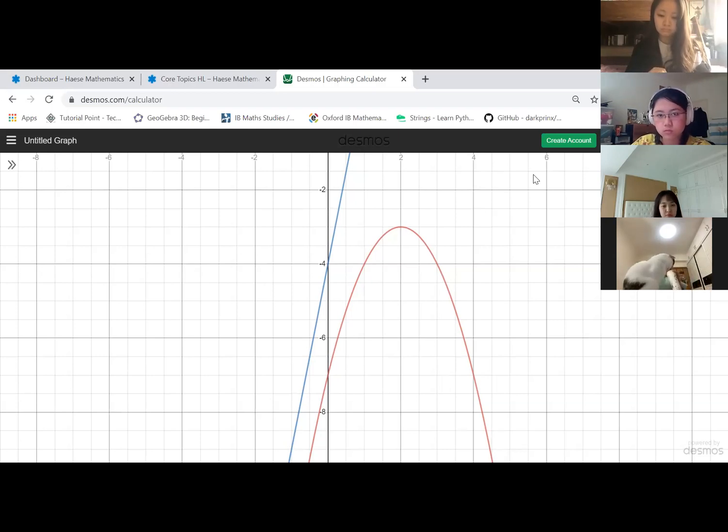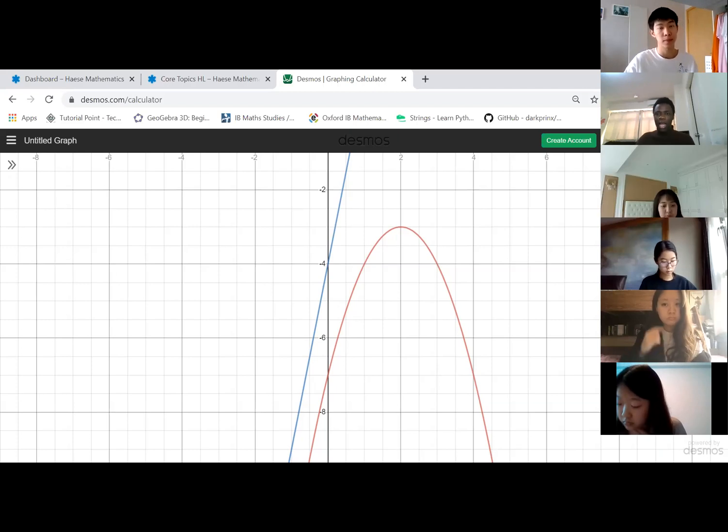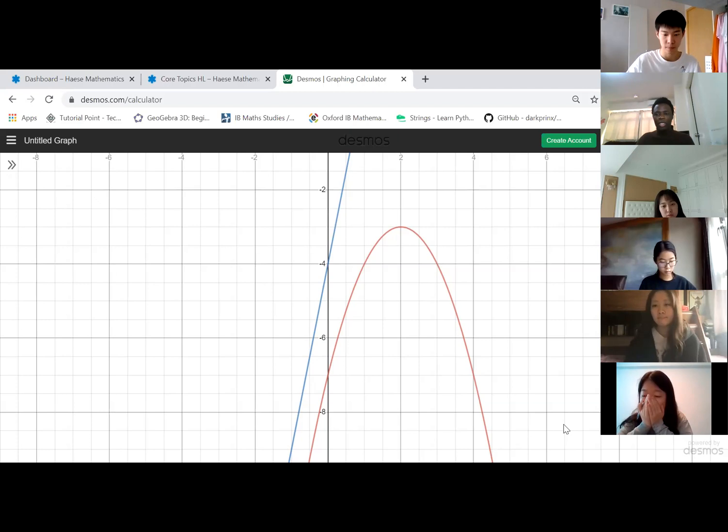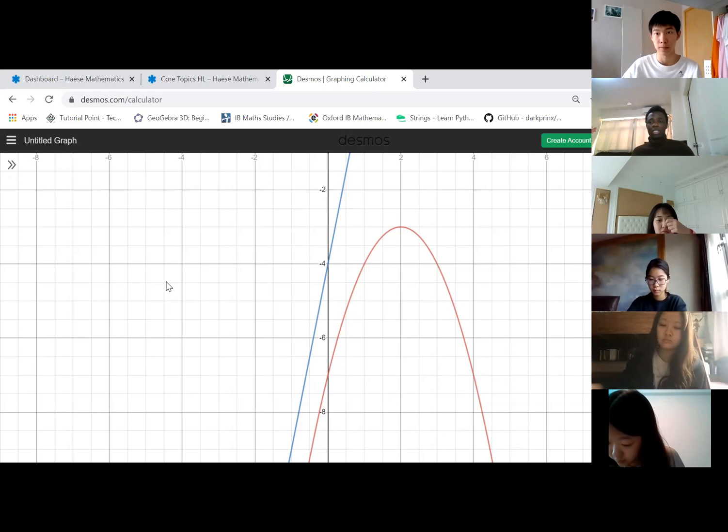I give you a curve and a line. Okay, are you with me, Krista? Yes. Okay, so I give you a curve and a line. I'm not interested in their point of intersection. I want you to tell me which scenario, which case it belongs to. Is it 1 point? Is it 2 points of intersection? Or is it no point of intersection? What would you do? But I don't want to see the intersection point.